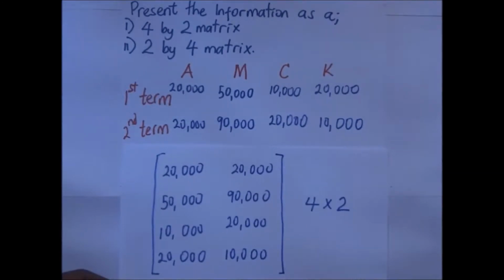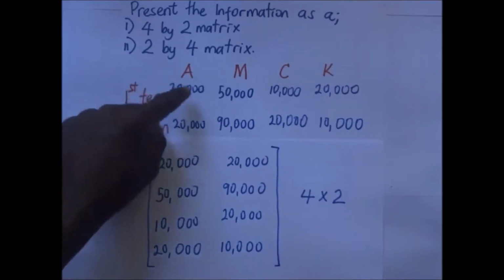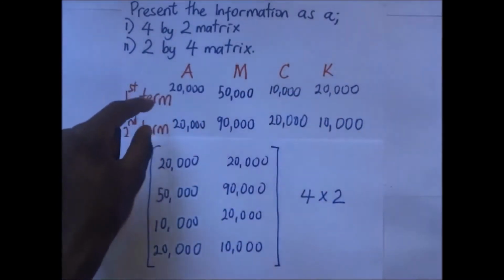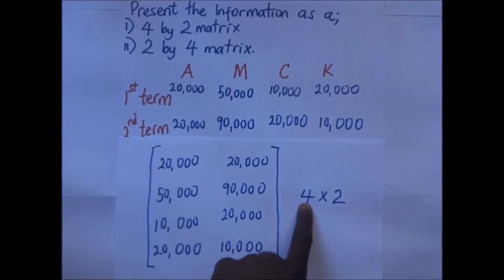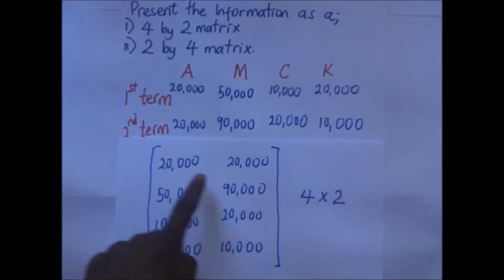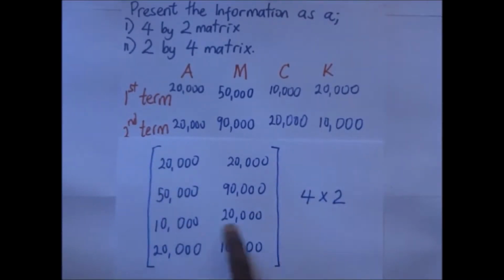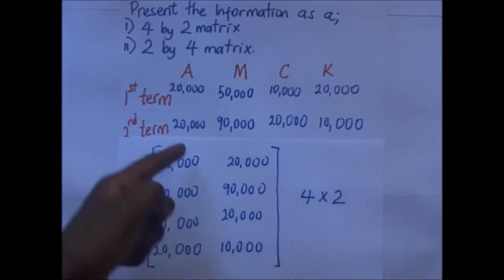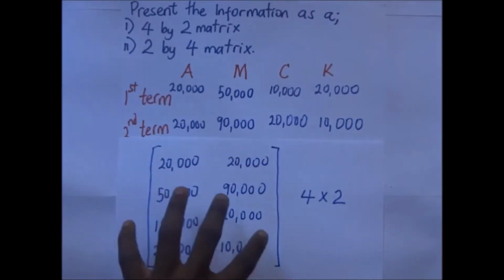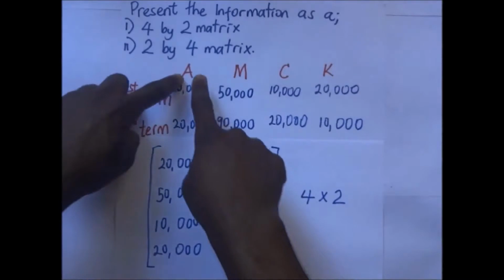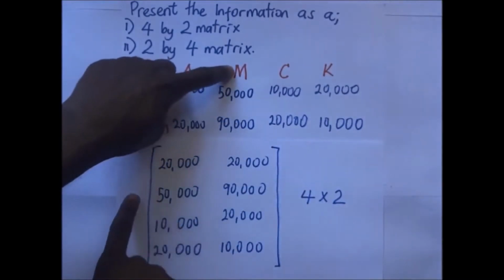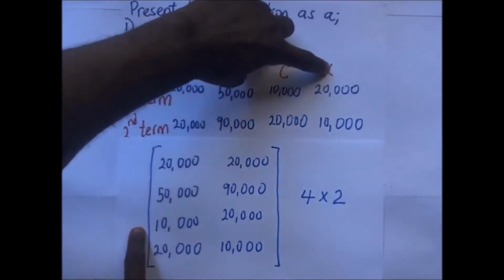So in making a 4 by 2 matrix, we rearrange these figures in such a way that we have 4 rows and 2 columns. So if you look at this, we have 1, 2, 3, 4 rows and 1, 2 columns. A is here, M is there, C is here, and K is right here.